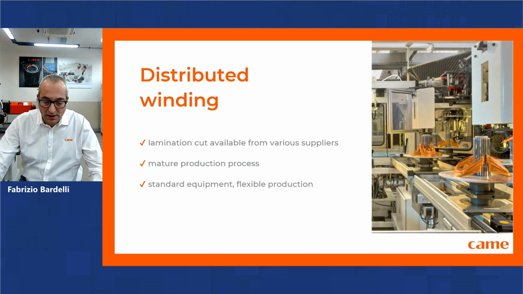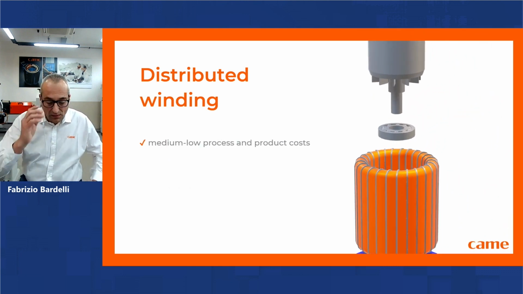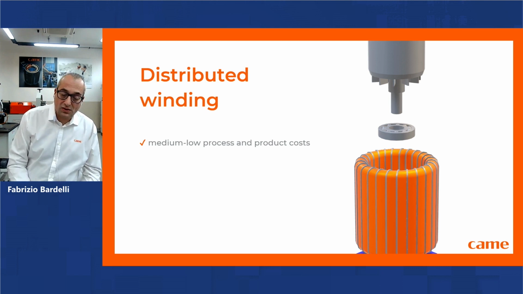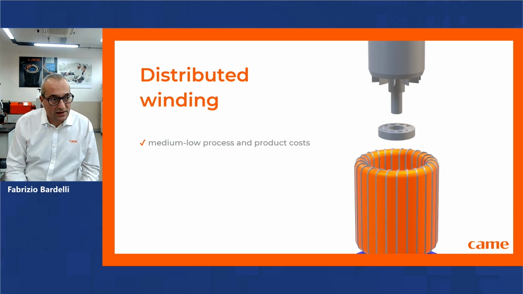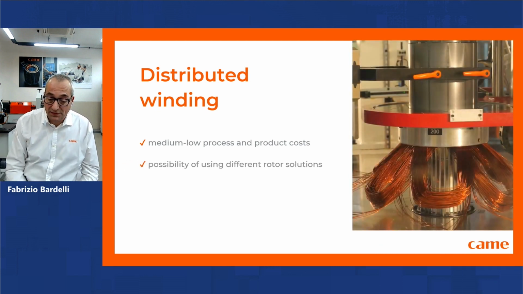Just going to other advantages of the distributed winding, we have also the cost: medium-low process and production cost. If we have a medium-sized stator, in a few minutes you will have one piece ready. We also have the possibility of using different rotor solutions.